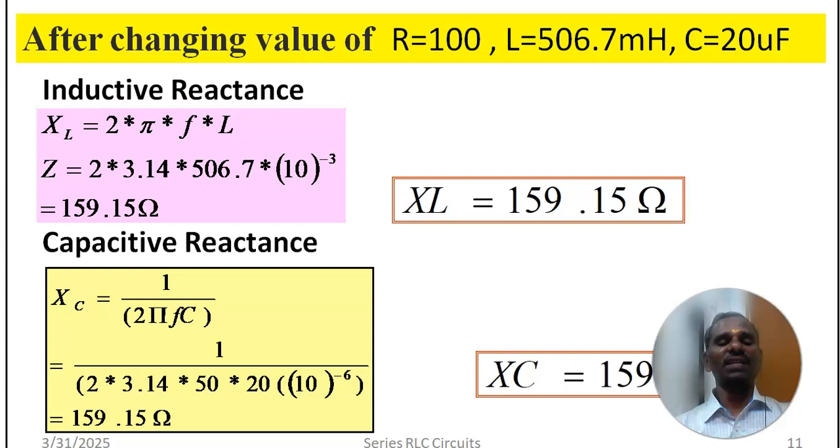The capacitive reactance, which has already been solved, XC is equal to 1 divided by 2 pi F into C, so it's 2 into 3.14 into 50 into 20 into 10 power minus 6. So the value is 159.15 ohms. Here we can see that the capacitive reactance is 159.15 ohms and the inductive reactance is also 159.15 ohms.